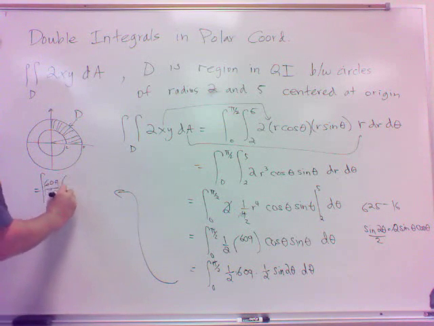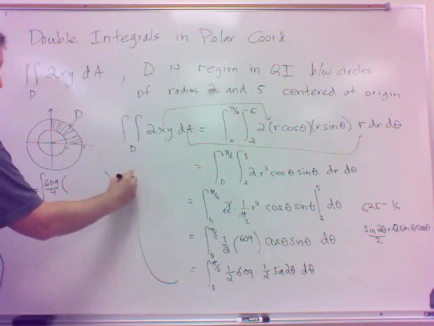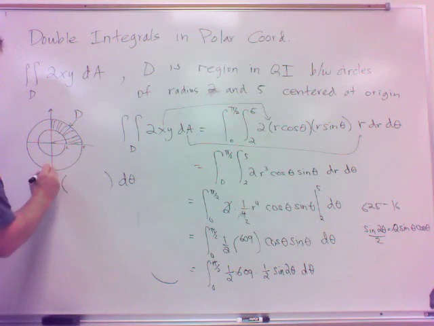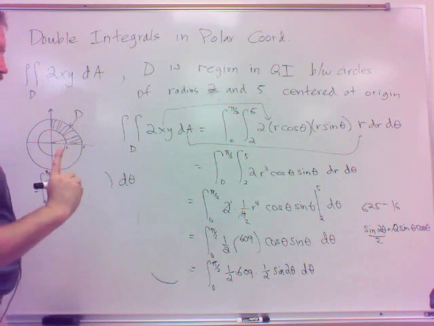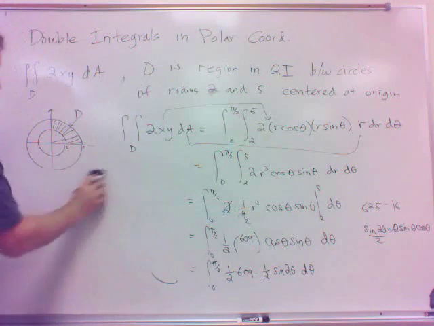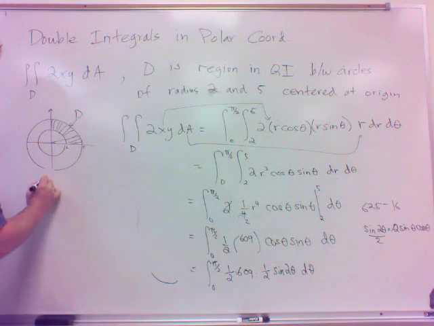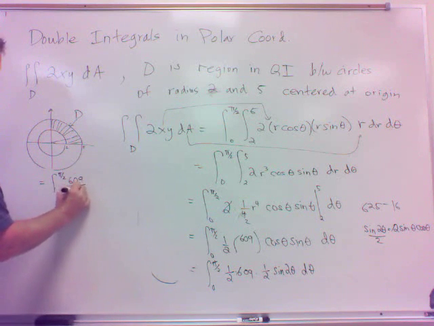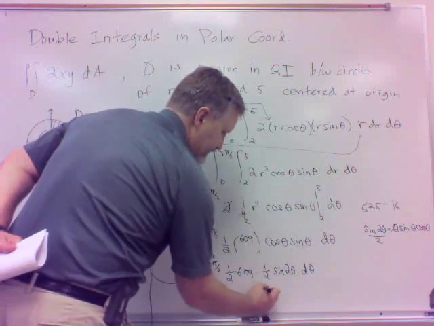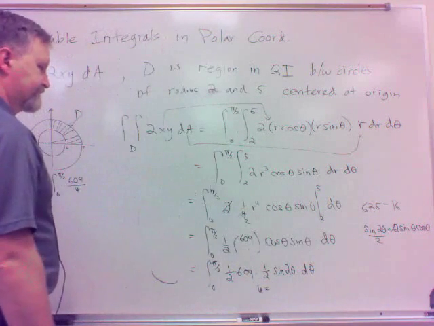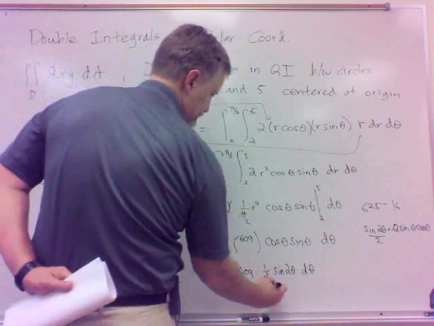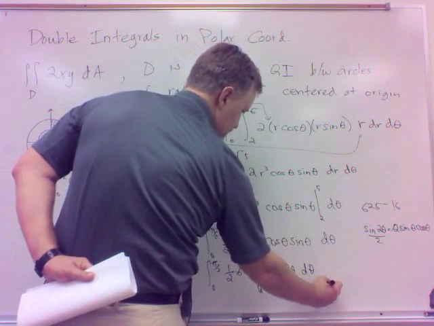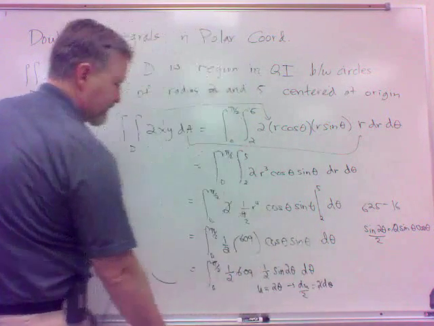So you've got 609 over 4 times sine of 2 theta, and then to evaluate it, remember our double angle, oh wait, no, that one's just u substitution, isn't it? So either way, I don't know if it's any easier. So du is 2 d theta, du over 2 is d theta.